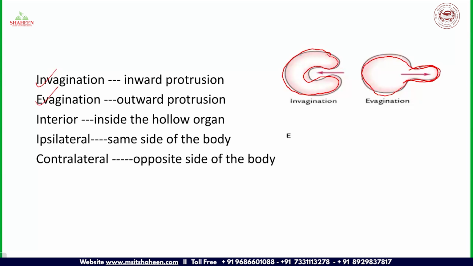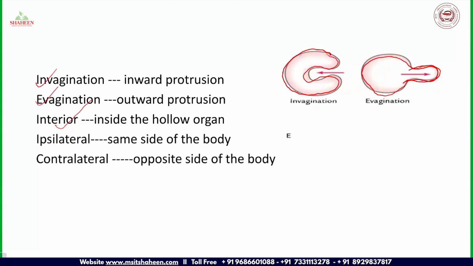And next is about the interior. We always use interior to describe the inside of things, the hollow organs. So can you give me some examples of hollow organs? Stomach. Stomach, okay. Intestine, then heart.